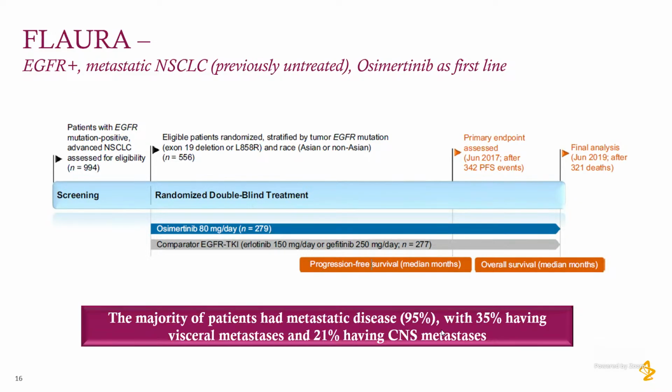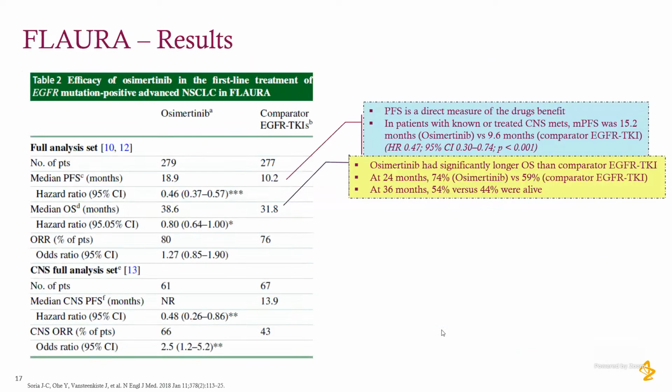Only symptomatic patients had CNS imaging, in contrast to FLAURA 2, where all of the patients had CNS imaging. So in FLAURA 2, the CNS metastasis patients are almost 40%.